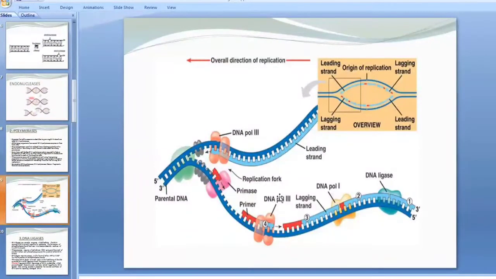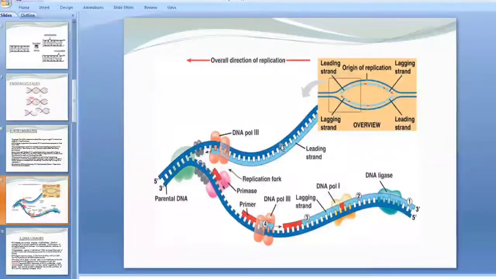Here what I want to explain is that there are two types of strands. In the upper region you can see the leading strand. In the leading strand, the duplication of the parental DNA takes place in the 3 prime to 5 prime direction, from the 3 prime end to the 5 prime end.